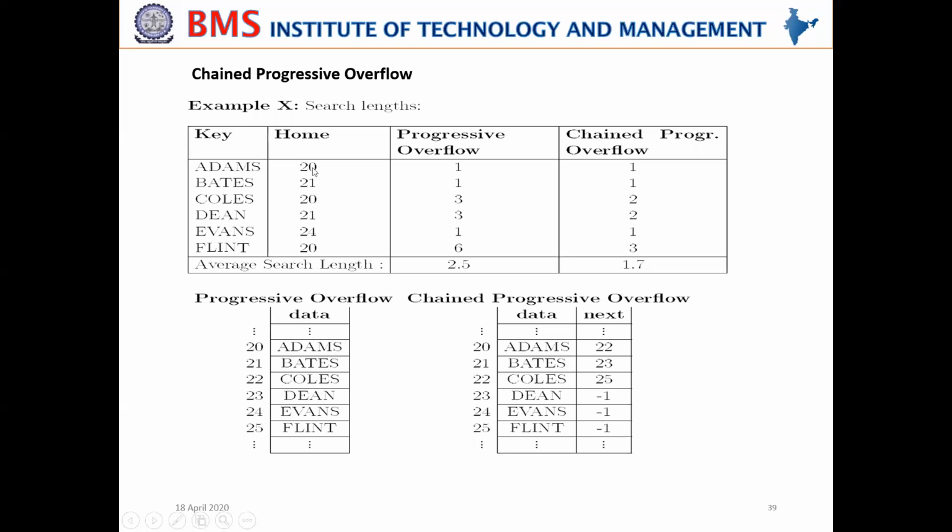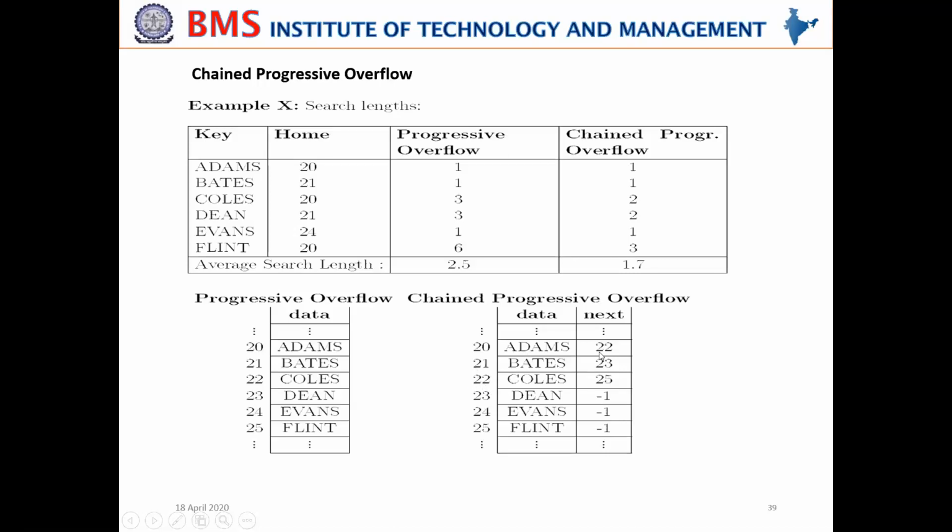Now first, I have Adams 20, I'll go to 20. Yes, no record is there, I'll insert here. Next I have Bates 21, directly I'll move to 21. Yes, it's empty, I'll insert it here. And Coles, I have 20. So I'll go to address 20, but already somebody has occupied this. Now what do I do? I check for the next successive location. Where is the next successive location? 22.